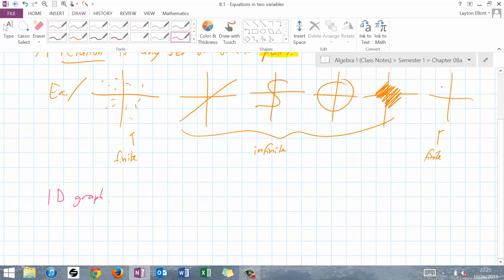We have done these before. 1D graphs are number lines. And a number line looks a lot like this. Number lines have an origin, and then they're separated into two different regions. We have the positive region and the negative region.